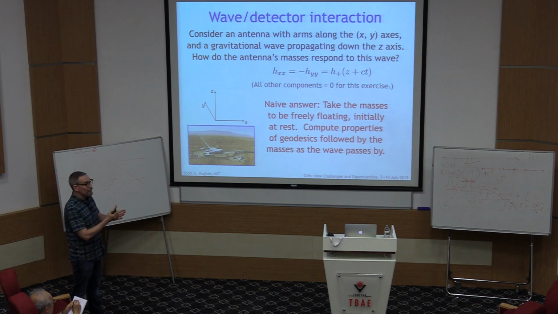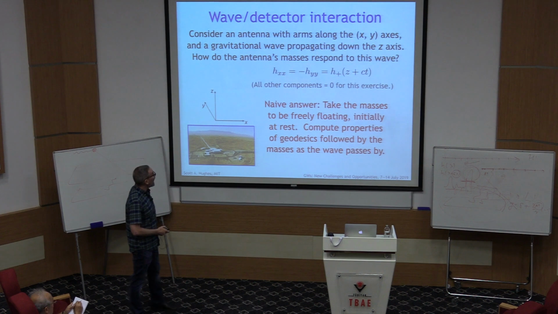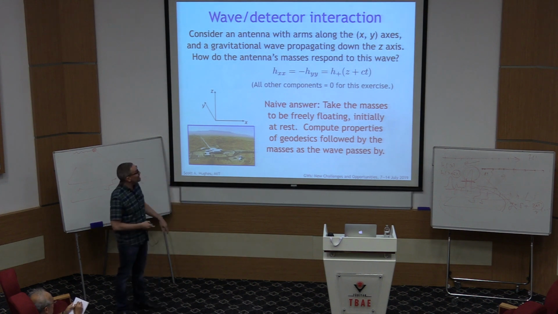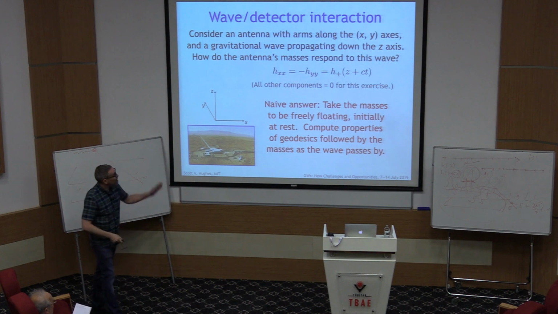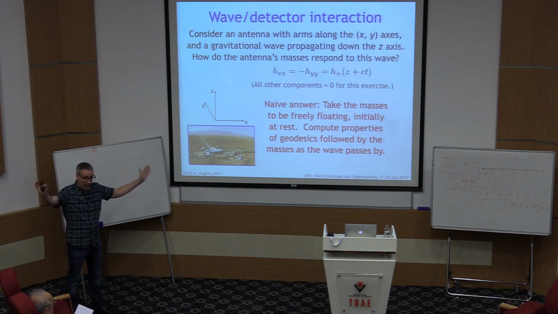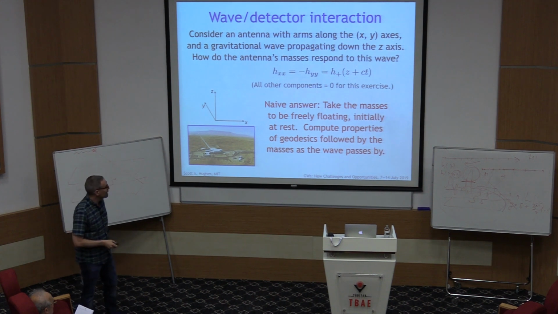What we would like to do is understand, if I have a gravitational wave detector that's sitting on the ground, and let's line up everything so that it's perfect, I have a source up here, and gravitational waves propagate down, perfectly aligned with the detector so that the polarization lines up perfectly. How will the detector respond to this?